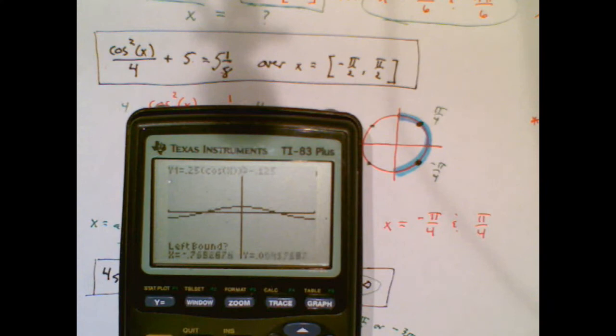You can do this by entering numbers into your calculator as well. I send him to the right of the intersection point. Now what I should be getting here is the answer negative pi over 4. The calculator says, do you want to guess? Sure, I'll guess. And I end up with negative 0.785. This is the same thing as negative pi over 4 if you plug it into your calculator.